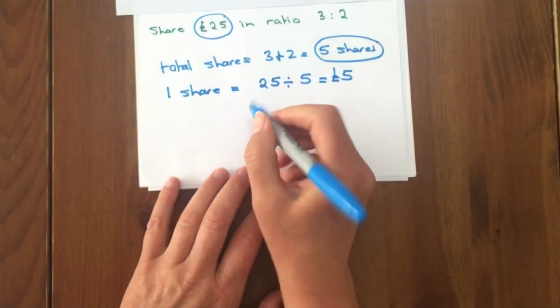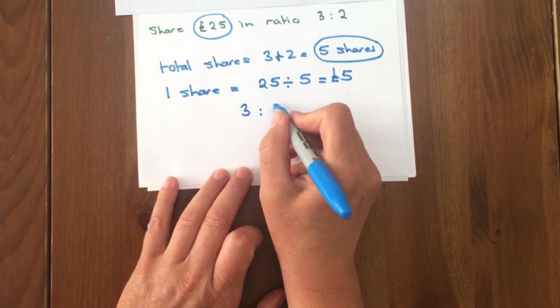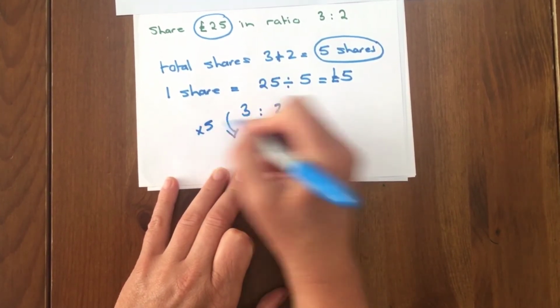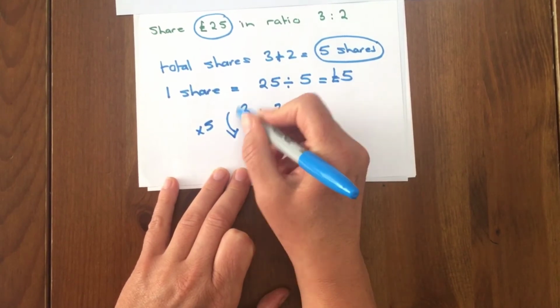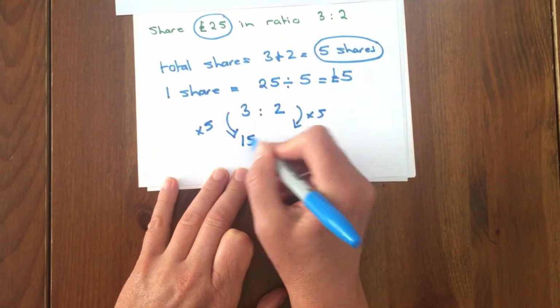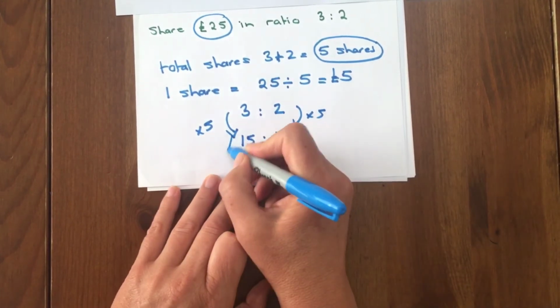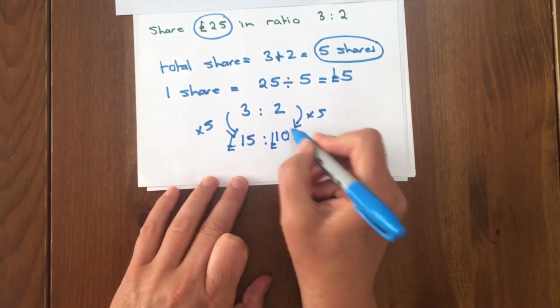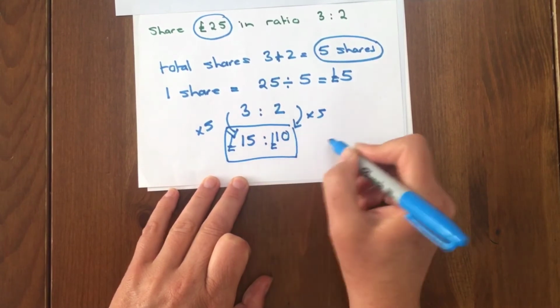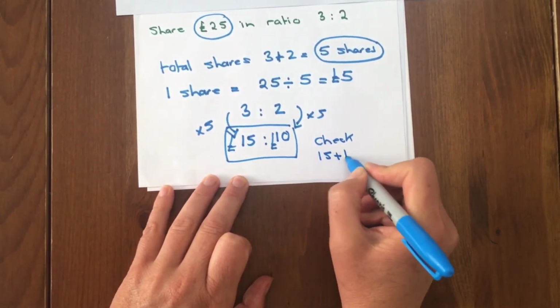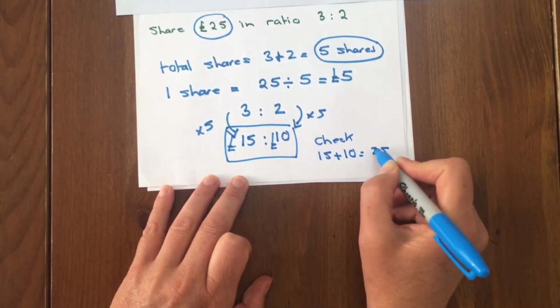So each part of my ratio is worth £5. So 3 parts will be £15, 2 parts will be £10. Right, do my check. Do these add up to 25? Yes, they do. So I must be right.